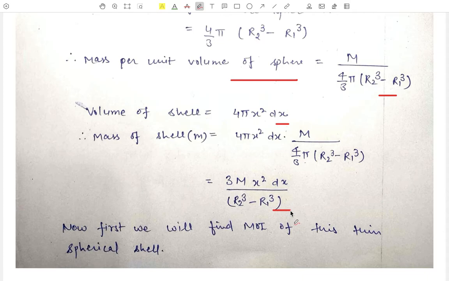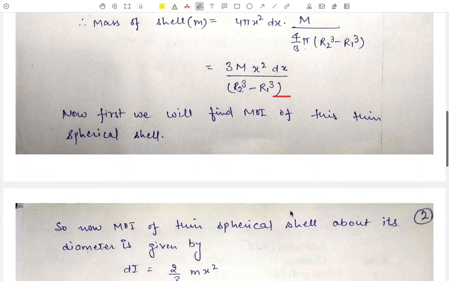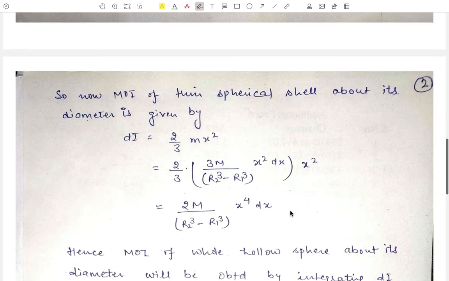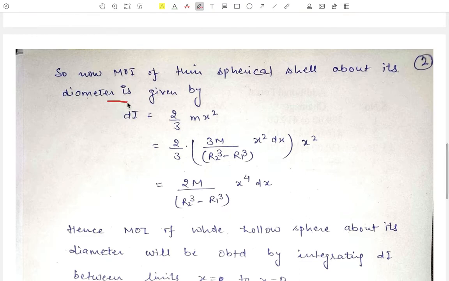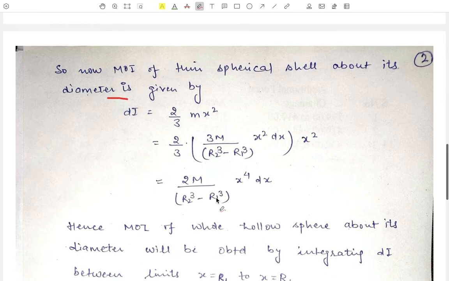Now, since we have the mass of the shell and also the radius of the shell, small x, the moment of inertia of this thin spherical shell about any of its diameter is given by 2/3 times the mass into the square of its radius, x². Using the value of mass, dI is equal to 2/3 into 3m x² dx upon (r2³ − r1³) multiplied by x².